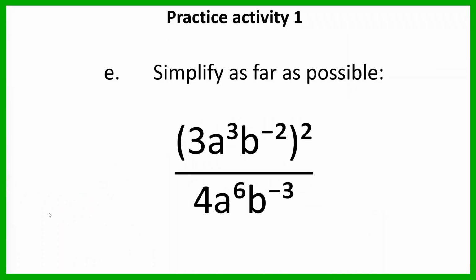Right, let's go on to question E. In question E, you've got in brackets 3a cubed b to the power of negative 2 all squared. And that is over 4a to the power of 6 b to the power of negative 3.